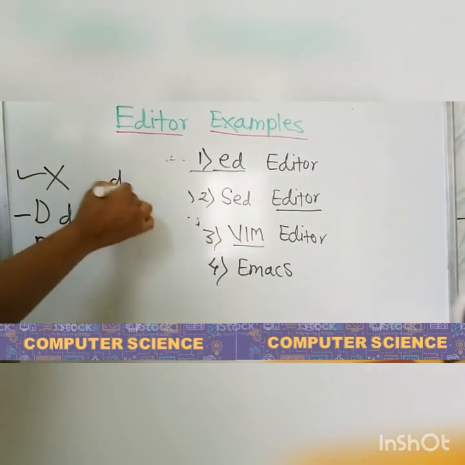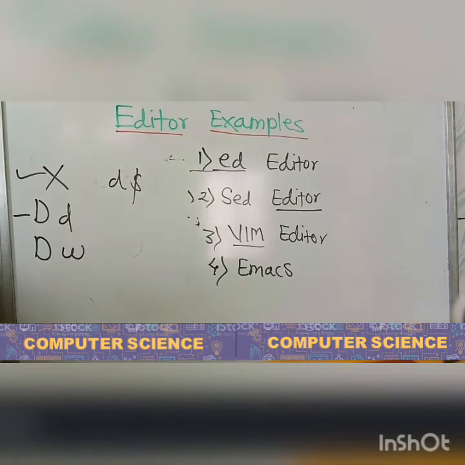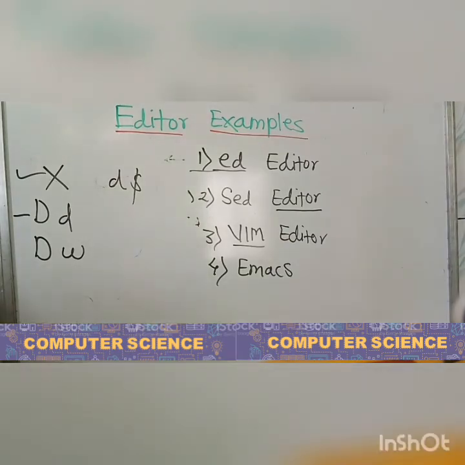Then D dollar is used to delete to the end of the line from the current cursor position. From the dollar we get the idea that it is the end of the line. Capital J is used to delete the line break at the end of the line, so the lines are joined.